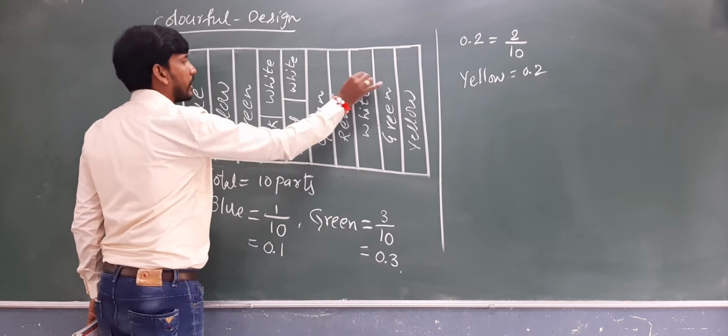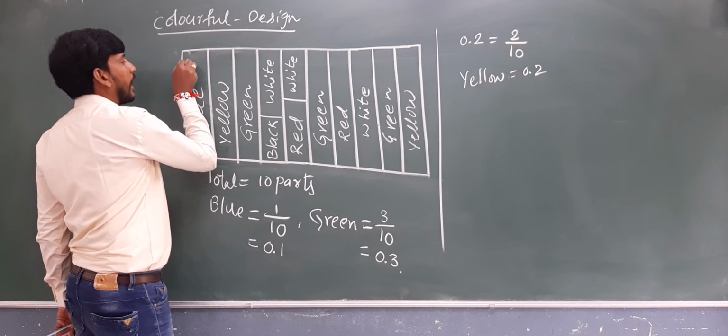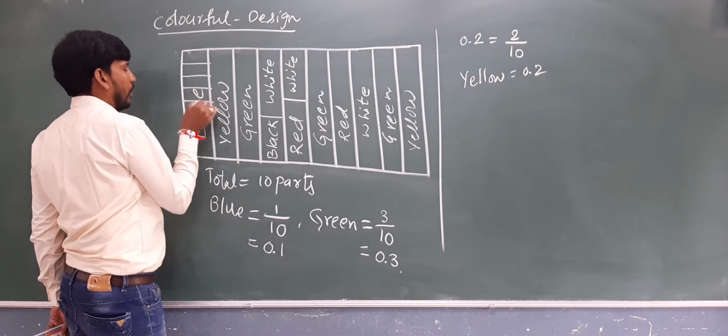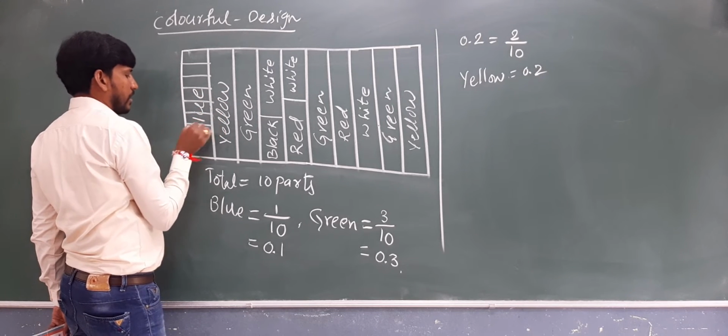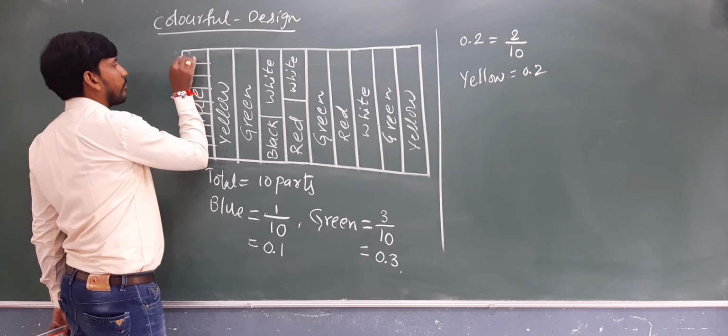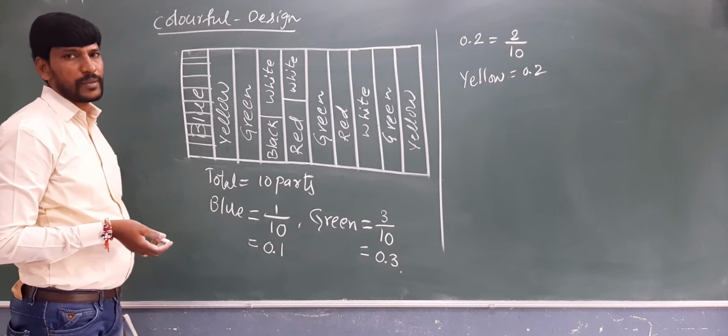Okay. Now the same box, they are again drawing 10 parts with horizontal lines. They are drawing 10 lines here. 1, 2, 3, 4, 5, 6, 7, 8, 9, and here 10 parts.